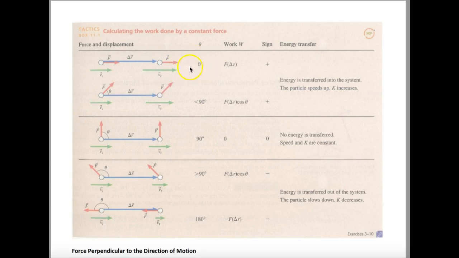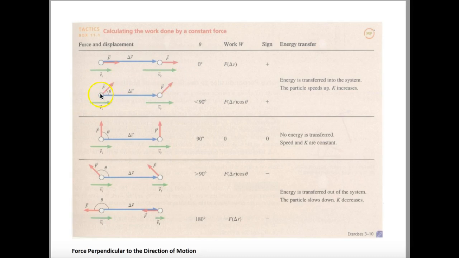If my angle between the force and that change in position is 0, then we know that the work is just F delta r, and the sign is positive. Here we've got energy transferred into the system, so our kinetic energy goes up and the particle does speed up.